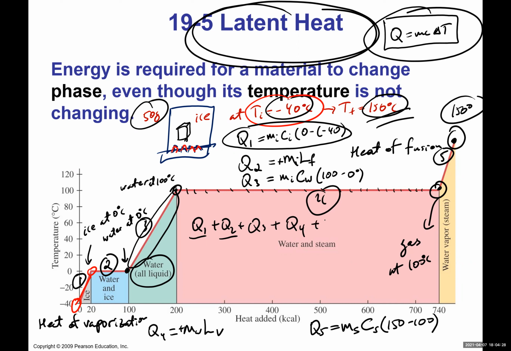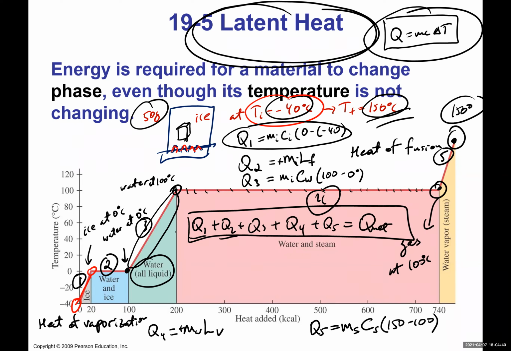And finally, we add energy to the system to take the steam from 100 to 150. Summing all that gives you the net amount of energy. So that's why you can't just use one equation to calculate from -40 to 150. It's a 5-stage process because there's a melting and a boiling between those two temperatures.